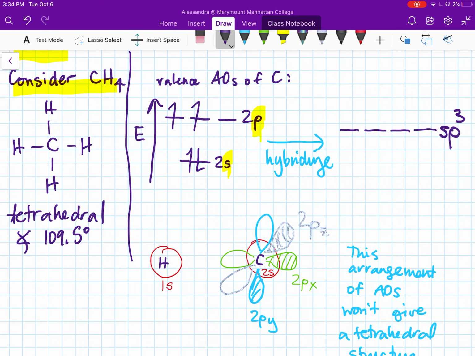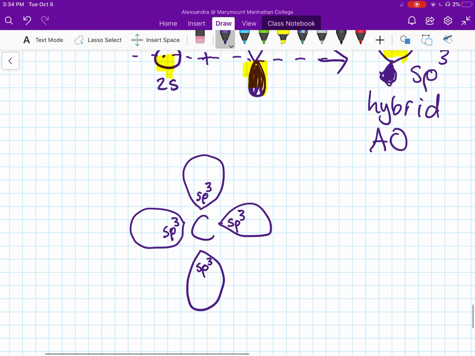So going back, I had these four valence electrons. So I want to avoid spin pairing if I can. So I'm going to put one valence electron in each of these sp3 orbital hybrids.